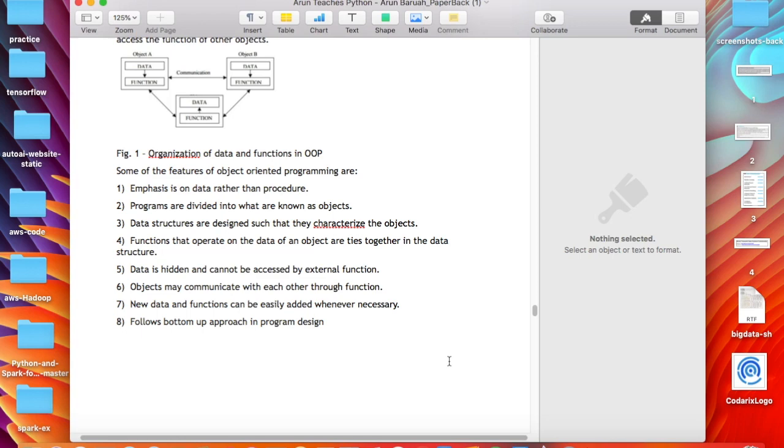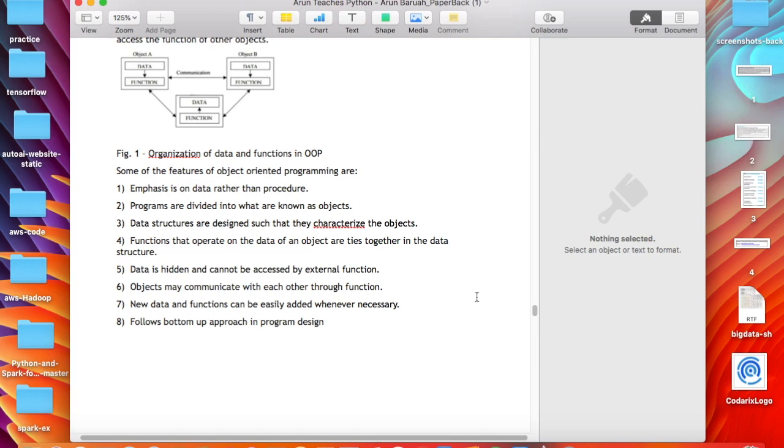Functions that operate on the data of an object are tied together in the data structure. So in most of the cases, data is hidden and it cannot be accessed by external function.